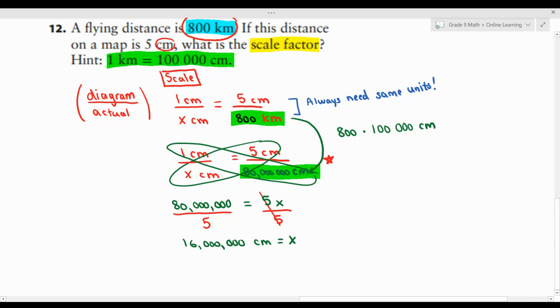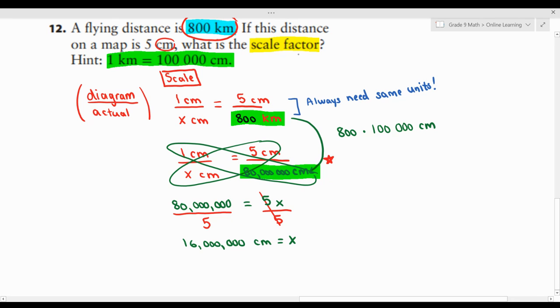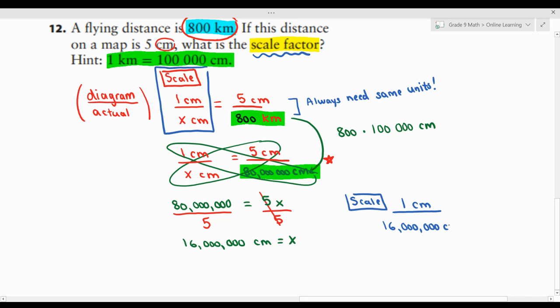Okay, not the actual final answer though, because the question wanted, what is the scale factor? Okay, this number is just part of the scale factor. So then again, go back here. We actually said our scale, we could say 1 centimeter in the picture is representing 16 million centimeters of, in the real, like the actual flying distance.